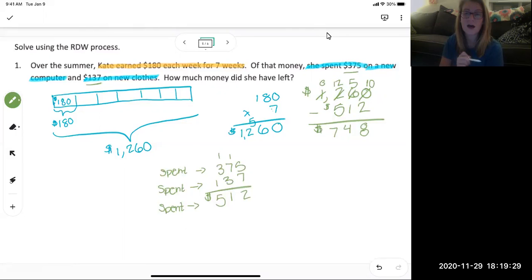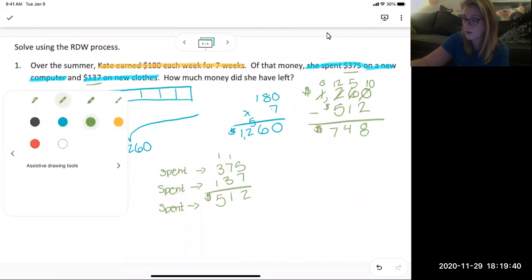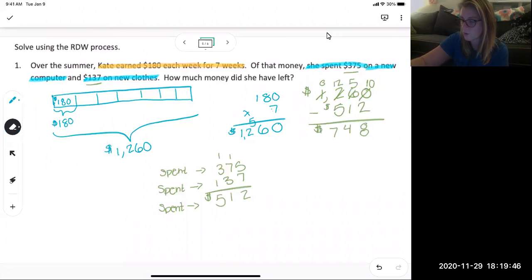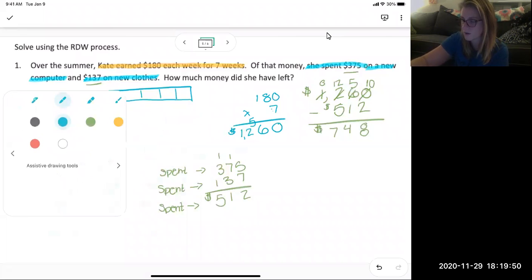Another thing that we could add to our tape diagram is showing the amount that she spent. So let's erase this total right here so we can compare it to the tape that we have drawn.